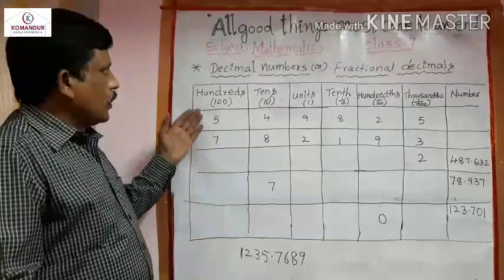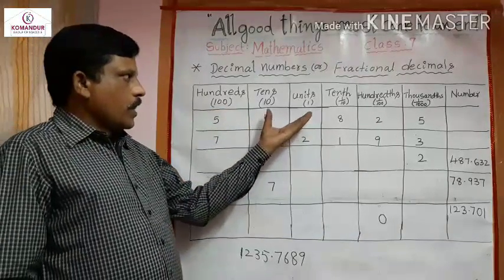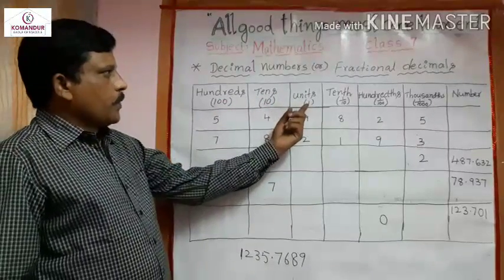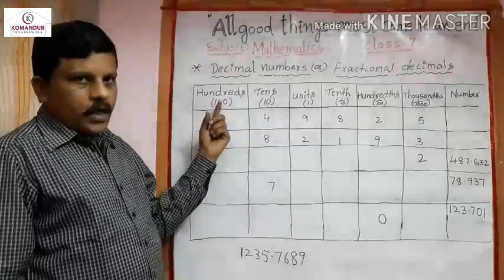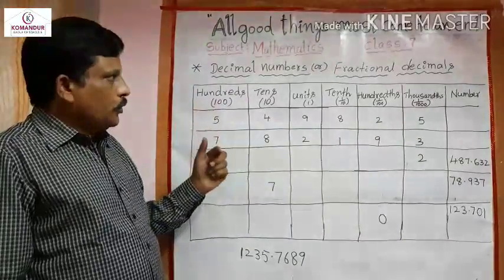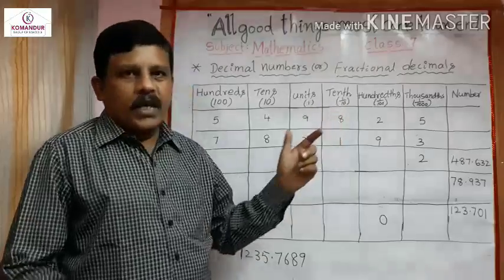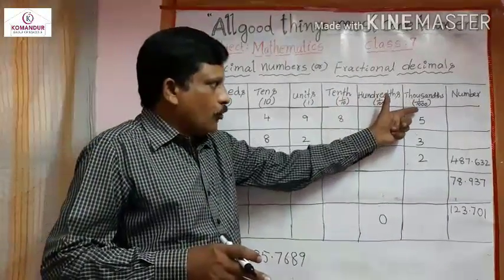See, once you observe this table, we just discussed place values: units, tens, hundreds. Units means 1, tens 10, hundreds 100, like that. So here tenths, that is 1 by 10, 1 by 100, 1 by 1000.